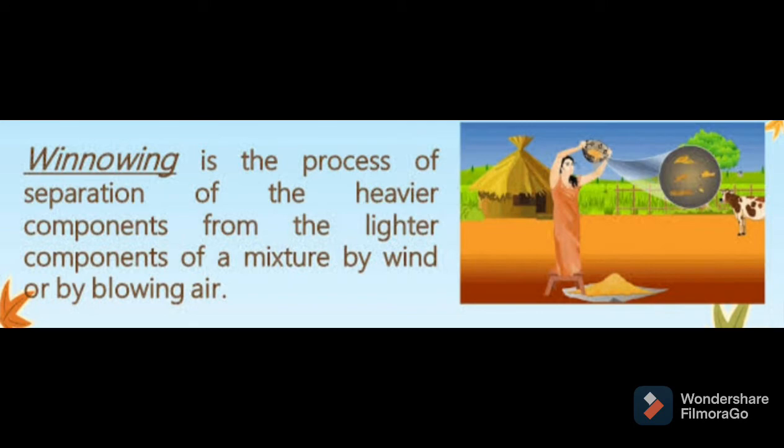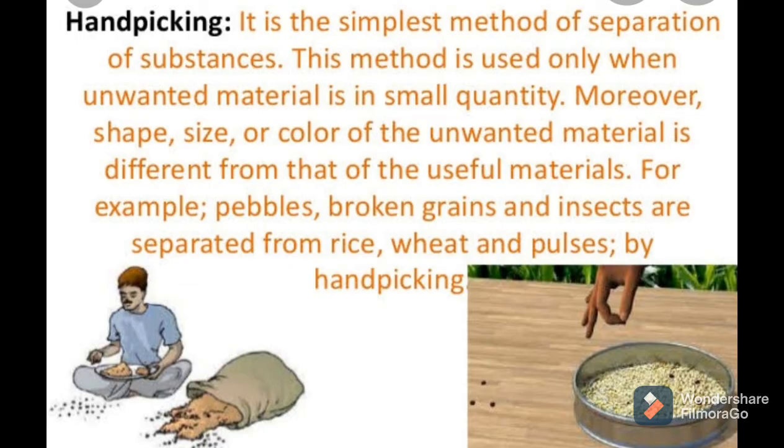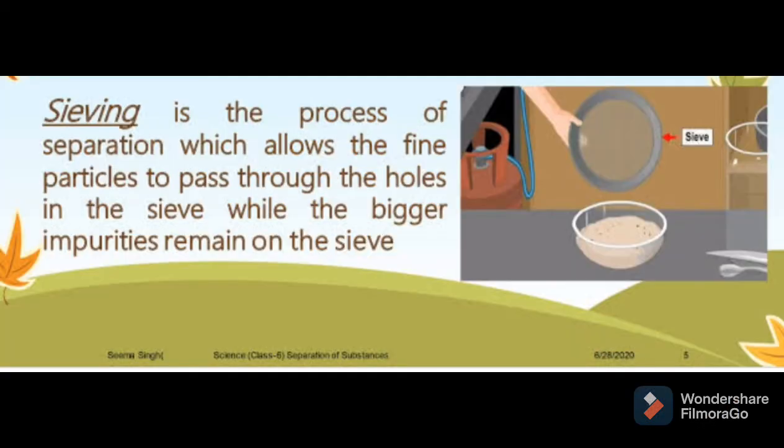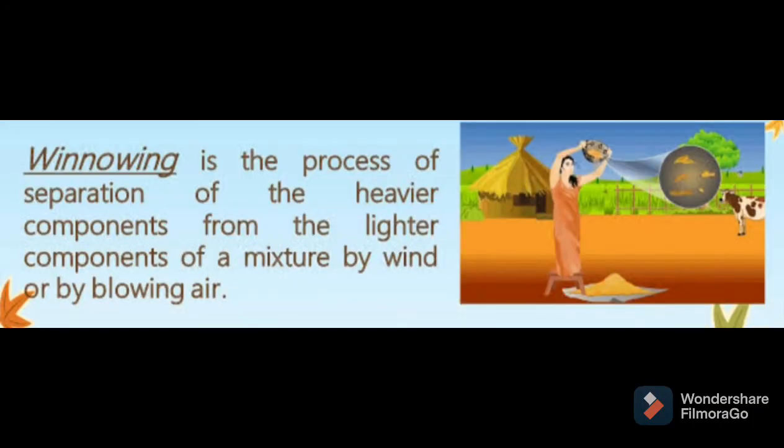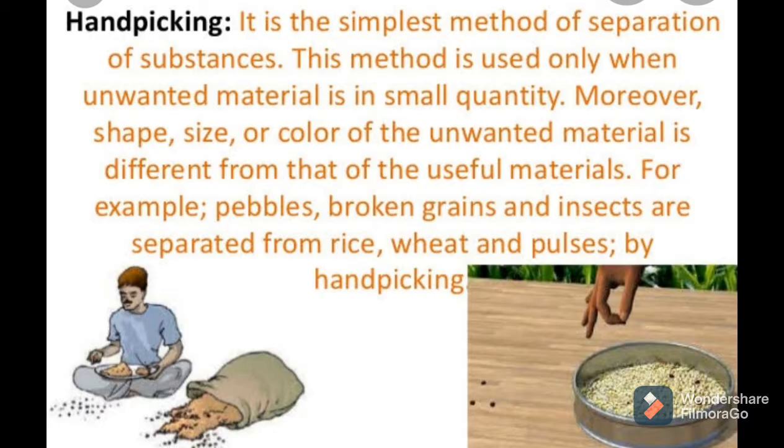Today we have discussed hand picking, which is the simplest method of separation, then sieving, threshing and winnowing. So these four methods are there. Again I repeat all the processes. First tell me what is hand picking. Hand picking is the simplest method of separation. This method is used only when the unwanted material is in small quantity and its shape, size or color is different from that of the useful material.